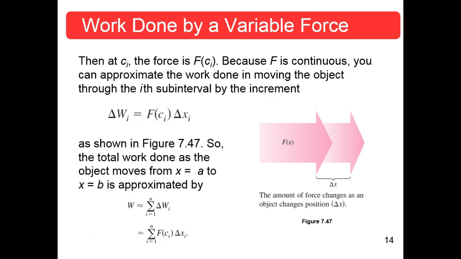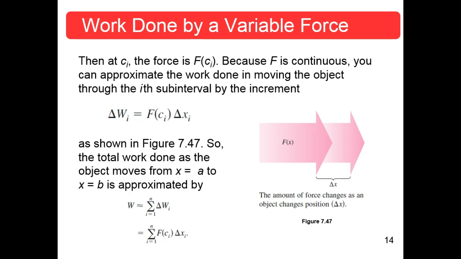So that little increment of work that it took to move it that distance delta x of i, if you take that small enough, you can count this as a constant. The force somewhere in that interval, and choose the place in the interval where it best approximates, is a good average force for that interval.